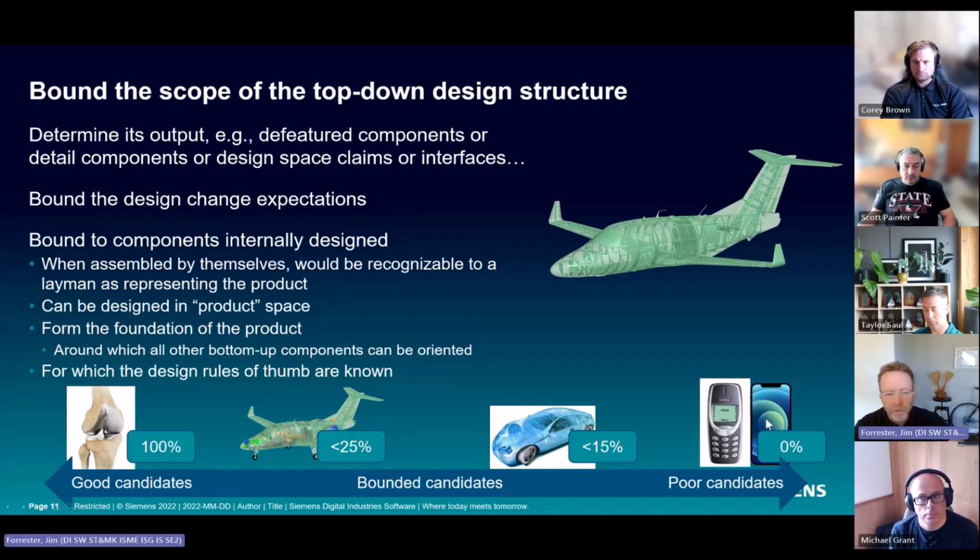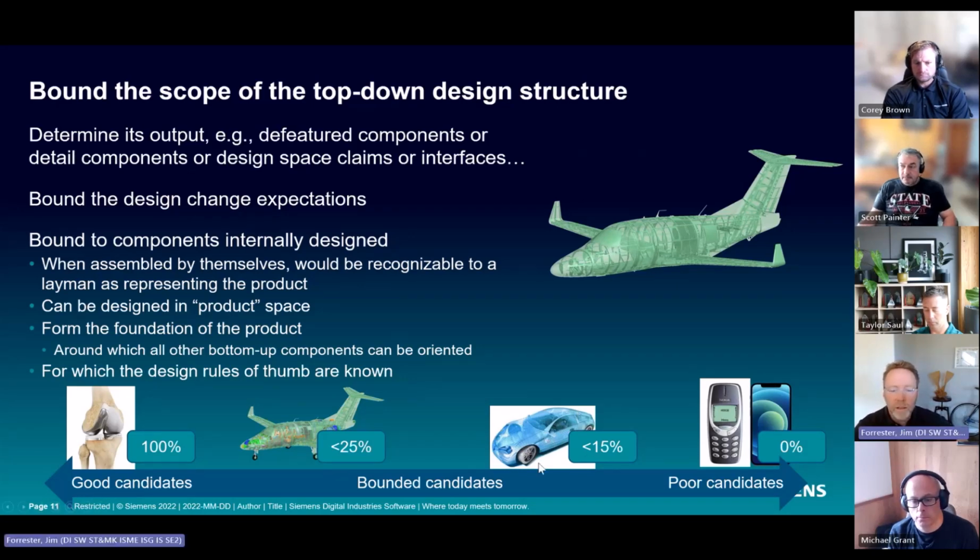But as we work our way to the right, most probably only the structure of the airplane would be designed using a top-down design structure system. Everything else, they're probably buying the engines, the avionics, the radar systems, and you're going to use bottoms-up design techniques to position them in the bottoms-up structure around these components.